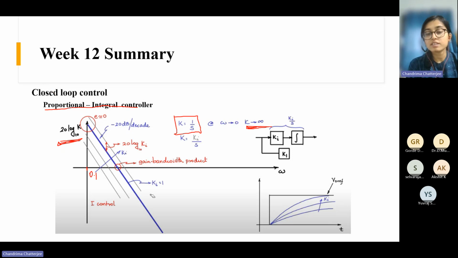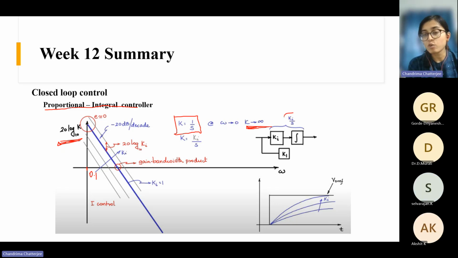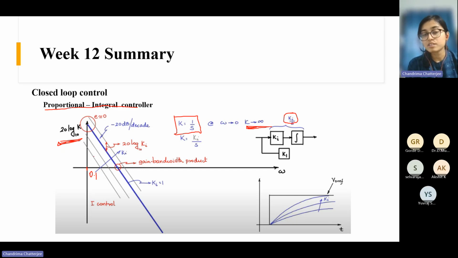And another advantage is that at high frequency you will get attenuation. So this is Ki, and instead of 1 by s, you can use some constant Ki, right? Based on this Ki value, you will get similar lines in parallel with this one, but with higher or lower bandwidth. So this is the bandwidth.